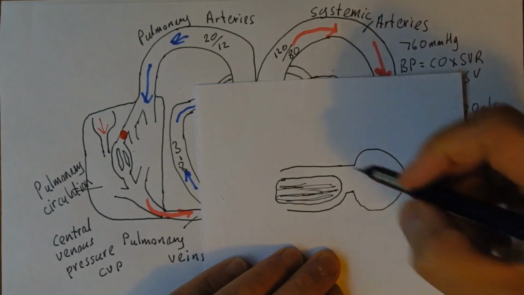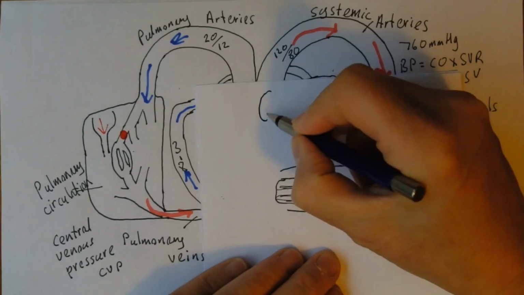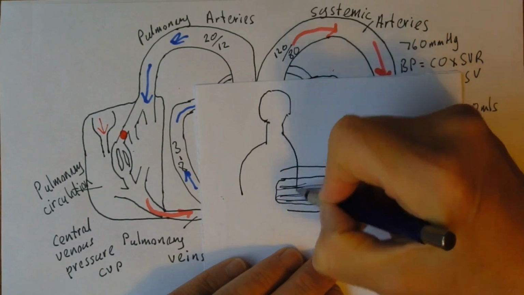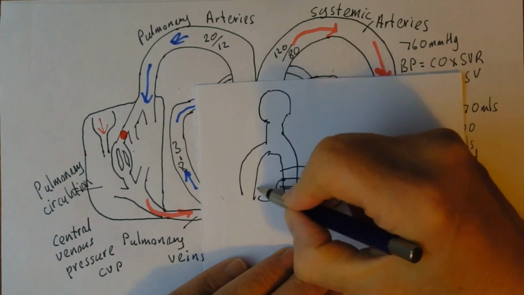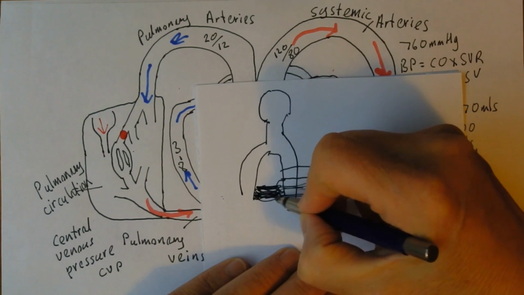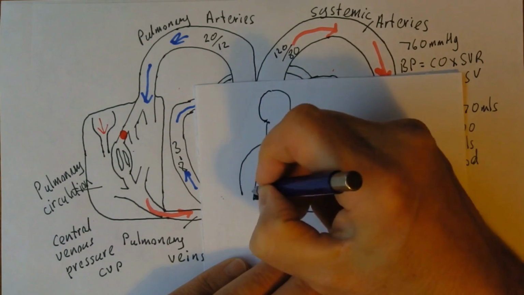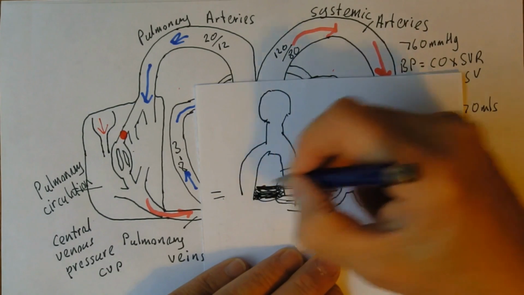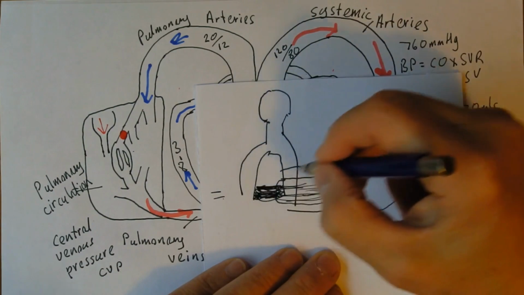But then when we sit them up to a sitting up position, what seems to happen is the fluid drops to the lower part of the lungs. And you might know from x-rays you get these characteristic so-called Kerley B lines in the periphery of the lung field. We can see these fluid levels.